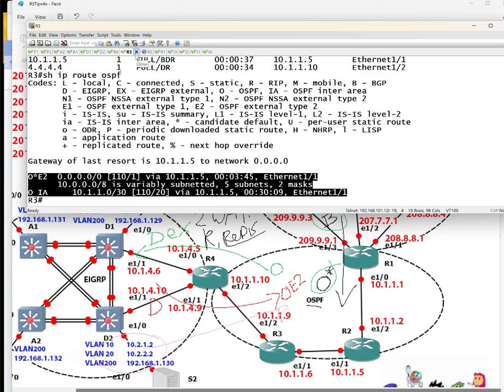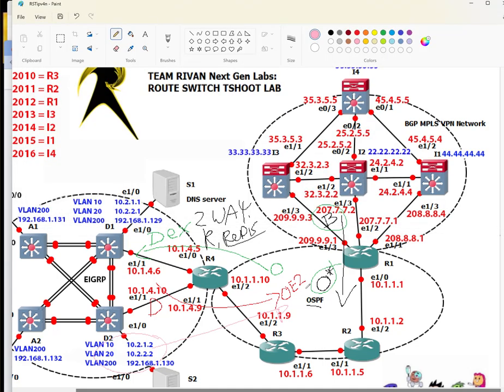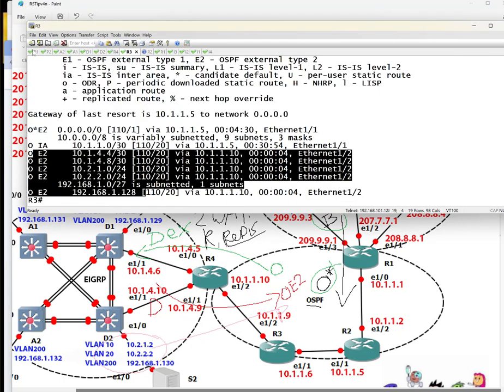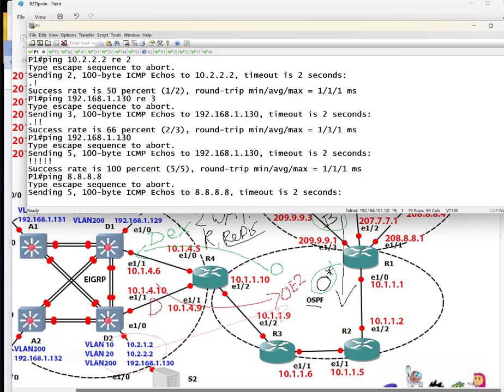We go back here, press R1, press enter. We have the OE2s over here, just as we have discussed. And the funny thing is, if you go to R1, we can now ping. Fingers crossed. Okay.